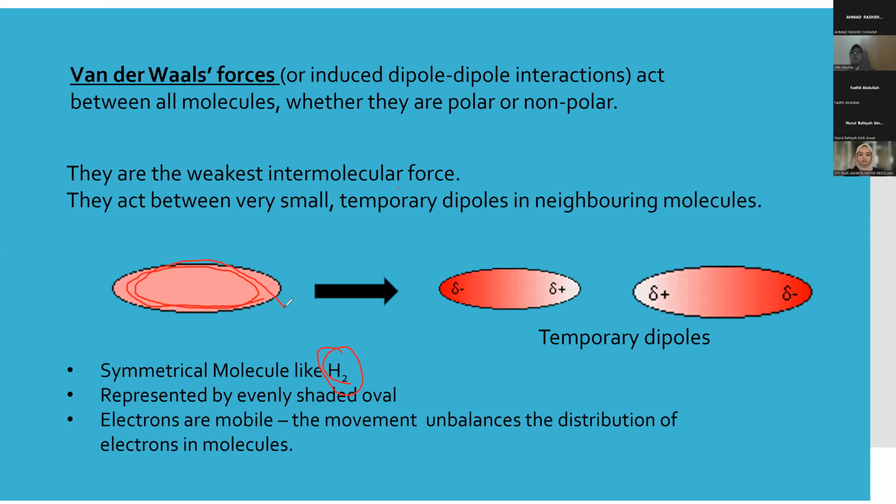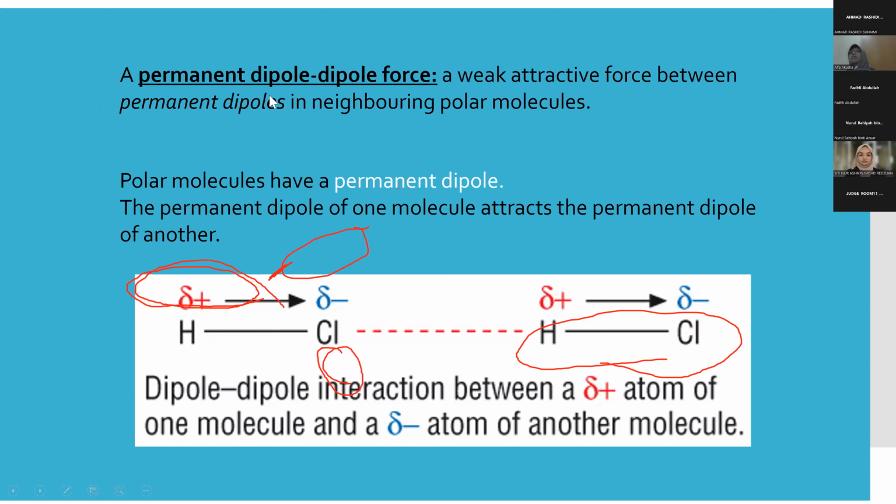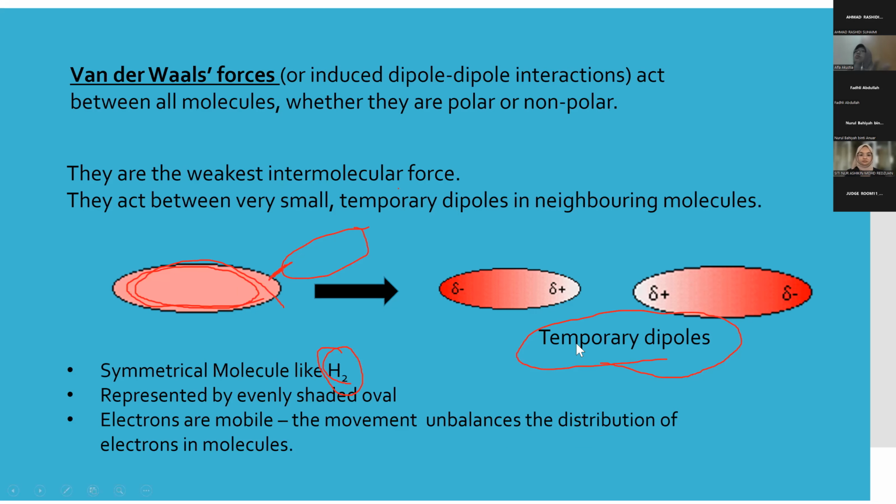But it can become a dipole when it moves, and then this is, and then it's like that, right? So they create temporary dipoles. In the previous slides, we talked about the permanent dipole. And now we talk about temporary dipoles. So of course it's temporary.